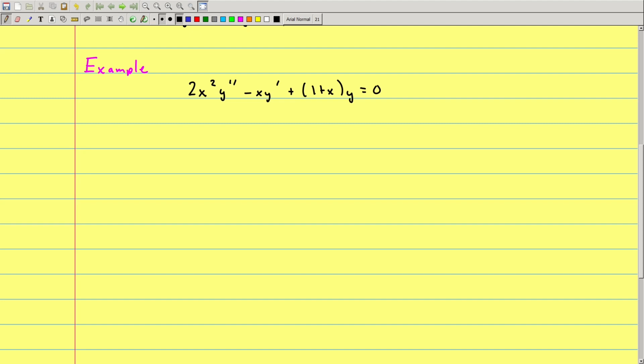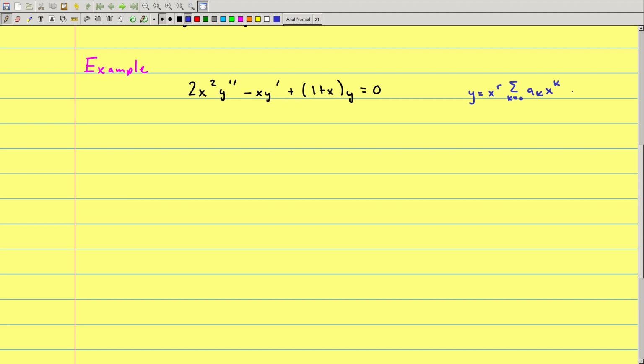All right, so we start off with this differential equation, and the idea is that we are going to assume that our solution has the form x to some power r, and r is allowed to be a real number.